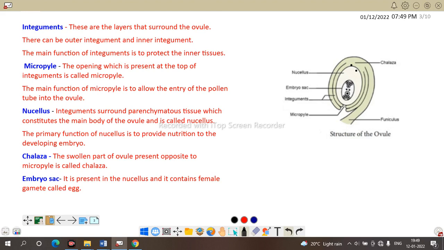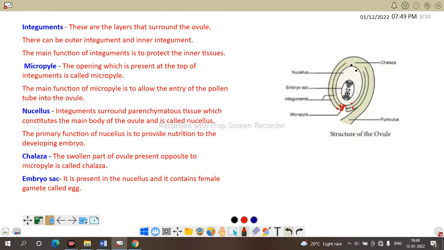This is the outline of the ovule, and these are the two integuments which surround the ovule. When the ovule is matured, these integuments are converted into the seed coat, the protective tissue of the seed.